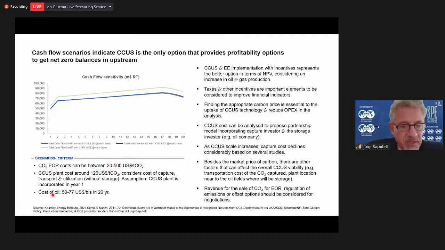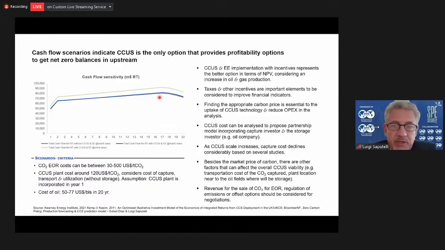So in this case, with the oil between $50 and $77 per barrel, we see also close to 10% additional revenue. So if we're thinking of a national oil company or of a country, a CCUS project will bring additional revenue for the country. Not only profit, but revenue and cost that will create and promote the in-country value related to that particular company.